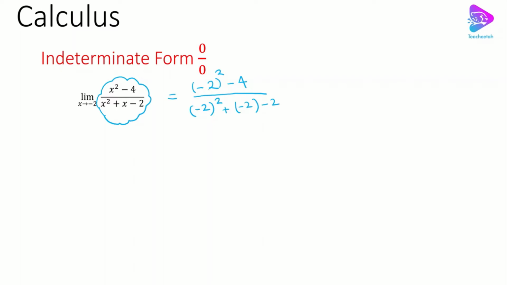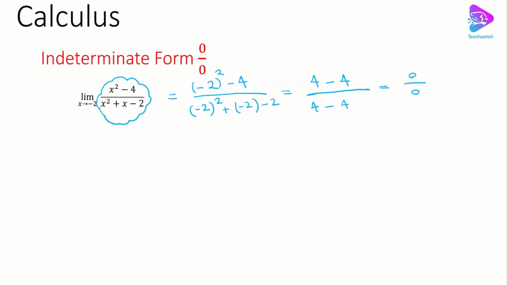We know that (minus 2) squared is 4, therefore it is going to be 4 minus 4 over 4 minus 2 minus 2, so it's 4 minus 4, and at the end we will have 0 over 0.